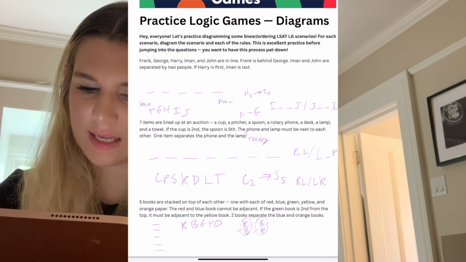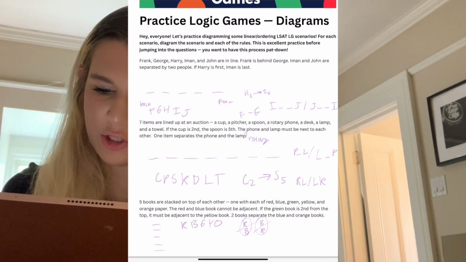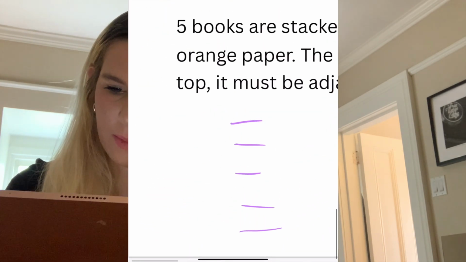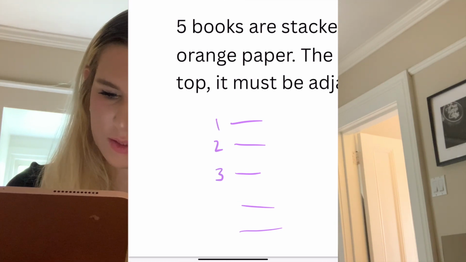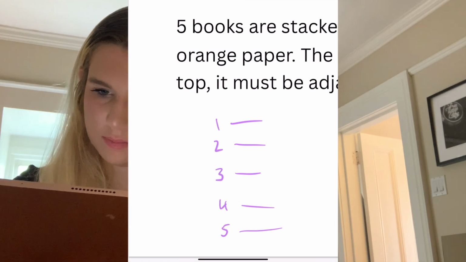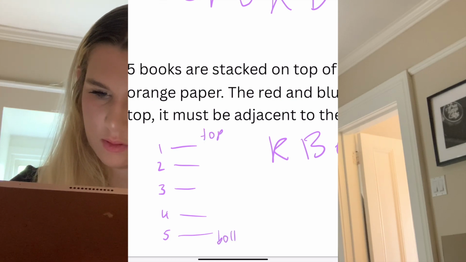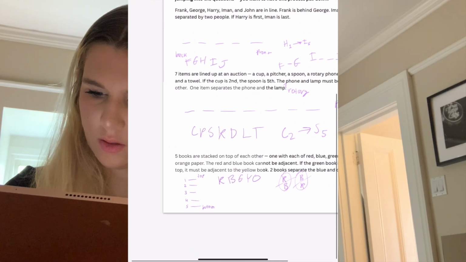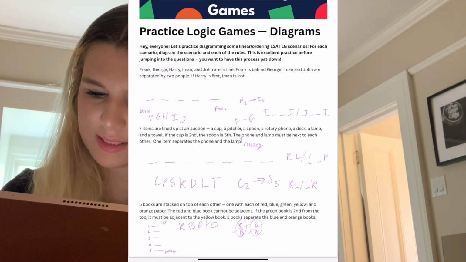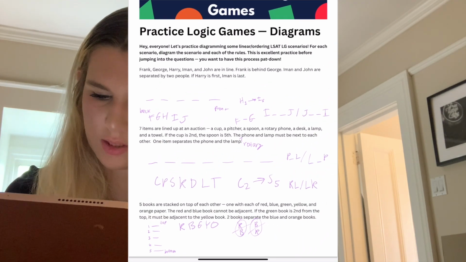If the green book is second from the top, it must be adjacent to the yellow book. So at this point, I'm going to number these spaces because now we have some language talking about top and bottom. So the red and blue book cannot be adjacent. If the green book is second from the top, it must be adjacent to the yellow book.